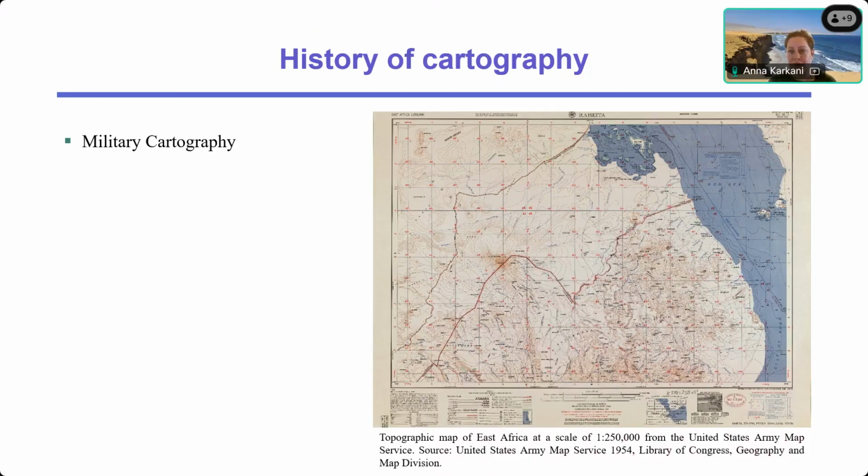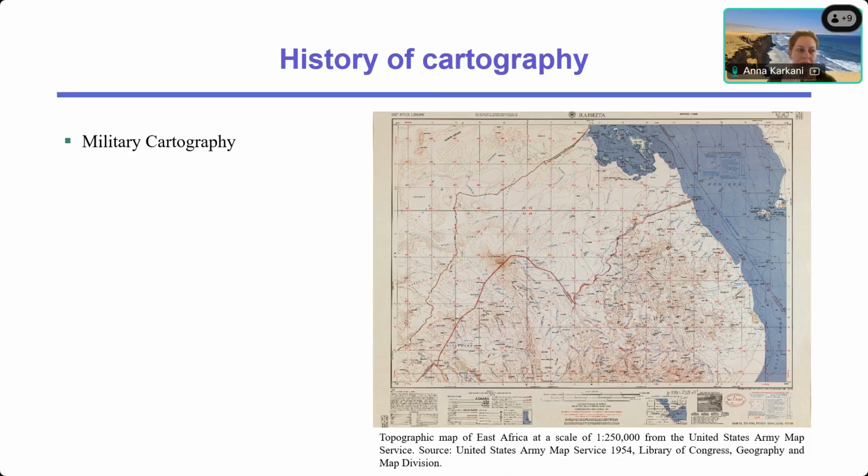military cartography, where we started to have a lot of maps with a lot of details in terms of topography and things like that. So in many countries, in Greece for sure, the military cartographers were responsible for the topographic maps and the navigation maps of the country.